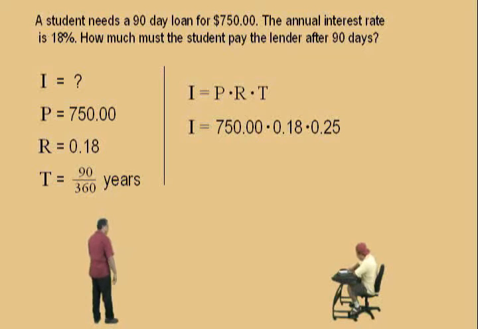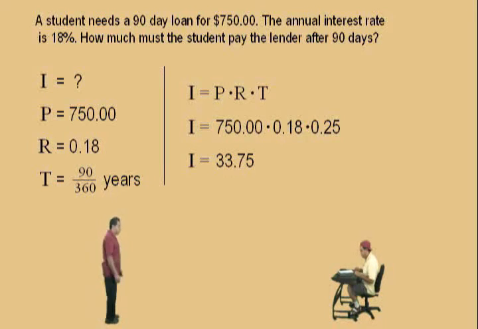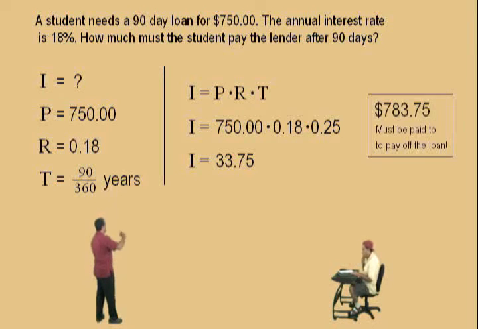And so now we get our product. And what is our product, Charlie? $33.75. That's right, $33.75. So that's how much interest the student has to pay on top of the money that he already borrowed. And so, Charlie, what's the total amount that the student has to pay after the 90 days? $783.75. That's right, you just sum those up and that gives it to you right there.